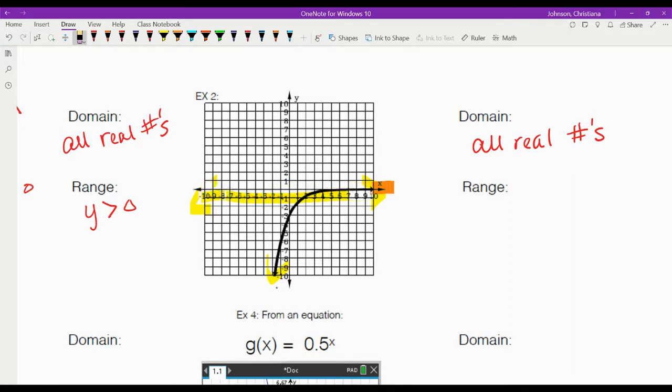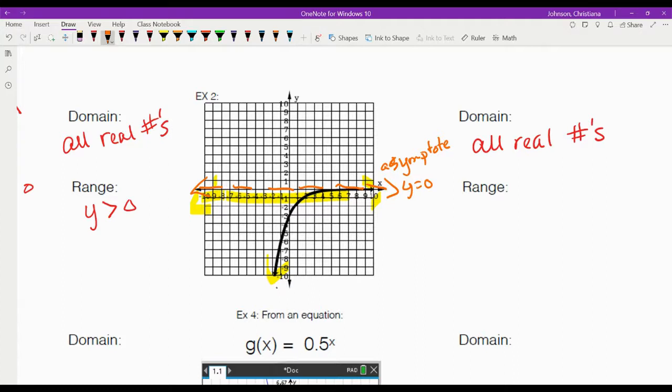And this time we want to see, well, what is it coming up towards? So if you look at the graph, it looks like it's climbing, and right here it starts to flatten out. Where that flattening out is, that's your asymptote. So we draw a dotted line right there and say that is y equals 0. That's my asymptote. So that's where the start or stop is. Now we have to look at the graph.